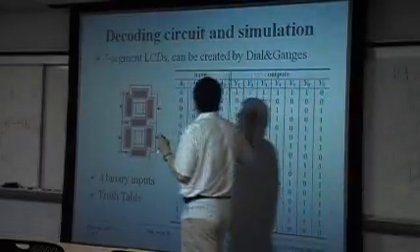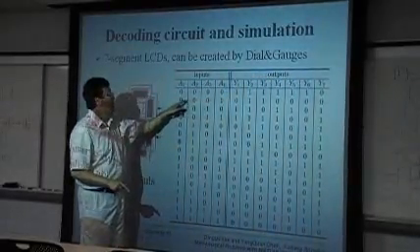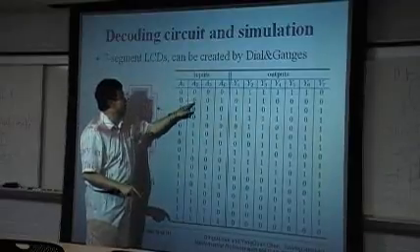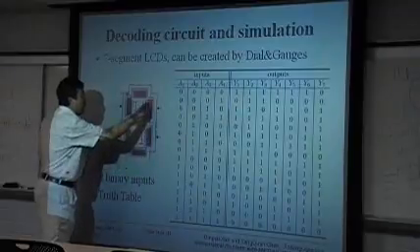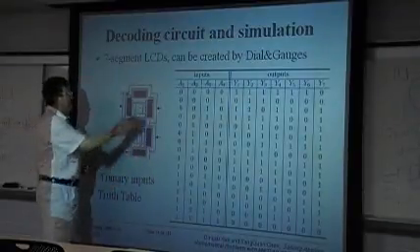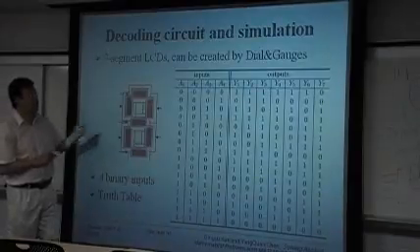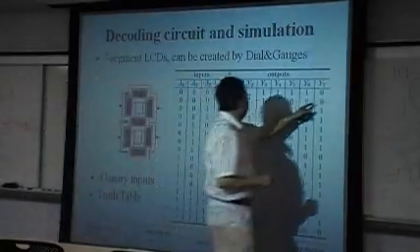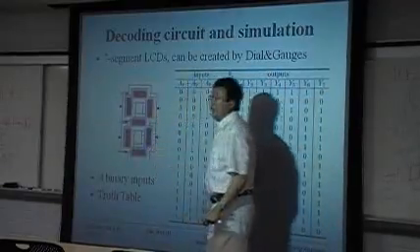If we want to display 1 here, the 4 signals are given by 0, 0, 0, 1. We want these 2 segments to be on and the rest off, so we can display 1 in that case. So we need a truth table like this. And this 2 means it's 2 segments.